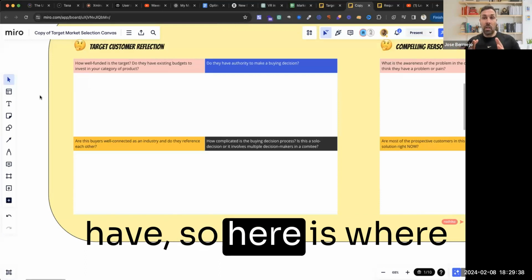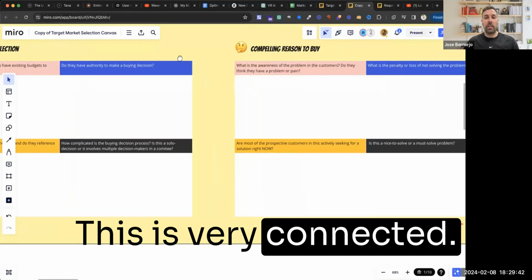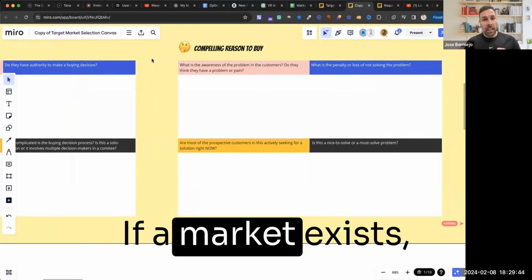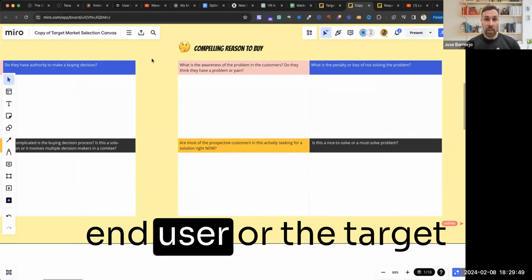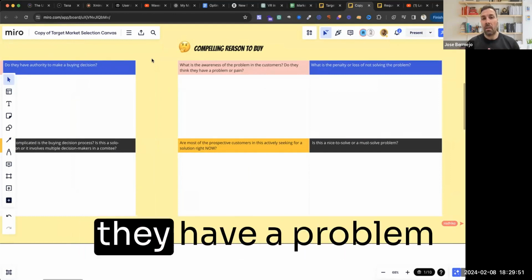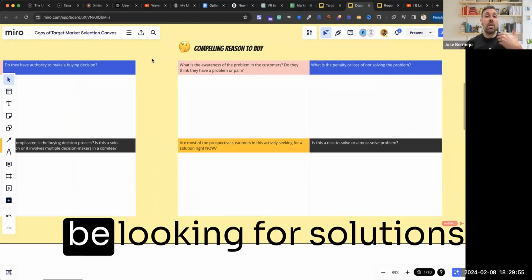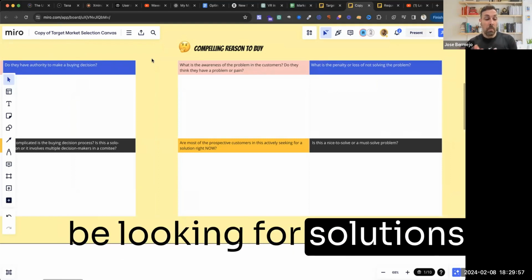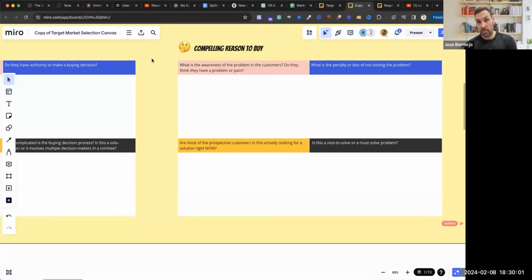So here is where we also tackle the compelling reason to buy. This is very connected. If a market exists, which means that the end user or the target audience recognize they have a problem, means that they could be looking for solutions, means that they have allocated budget.